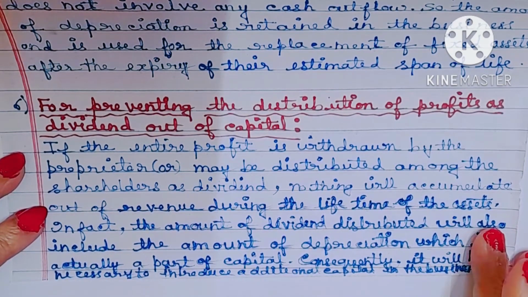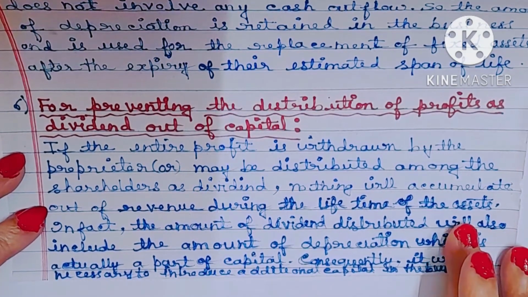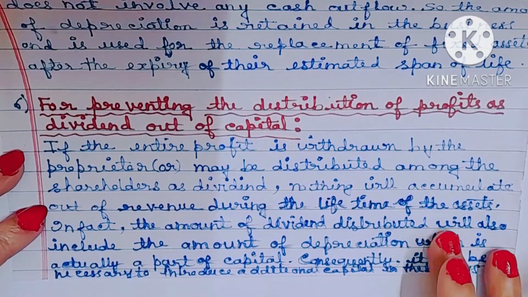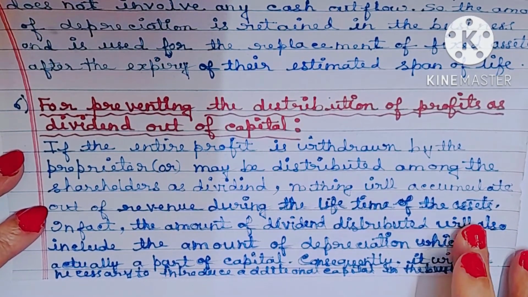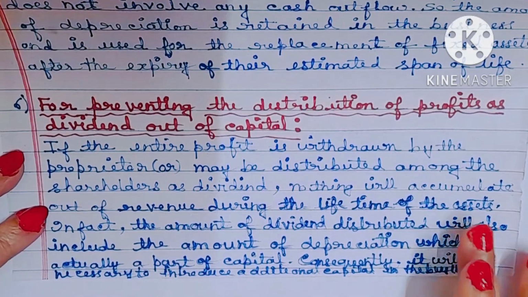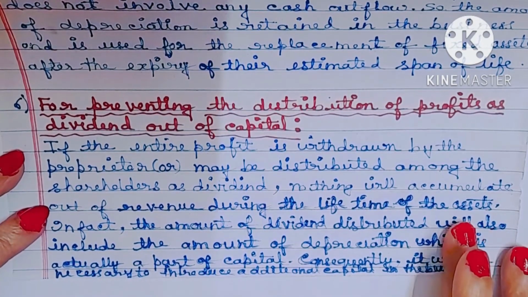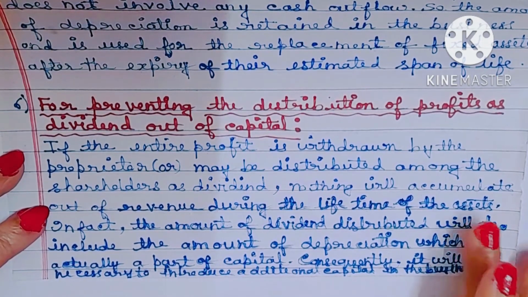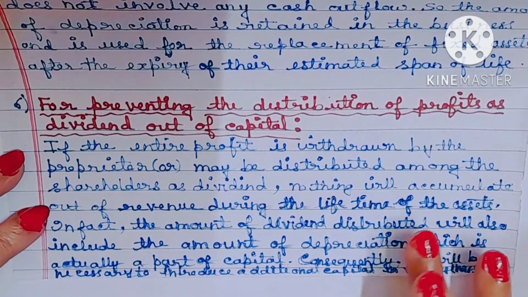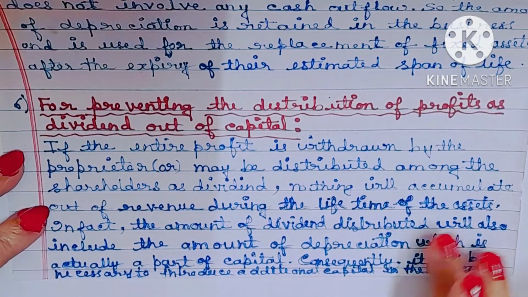So that is the reason you have to charge depreciation for preventing the distribution of profits as dividend out of capital, because depreciation is retained in the business for replacement of fixed assets after the expiry of their estimated span of life. If you don't charge depreciation, automatically profit will be more.